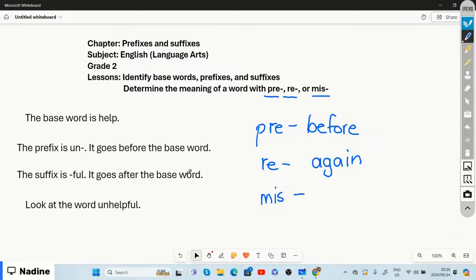And if you look at this word, pre, can you think of a word in the meantime that has the prefix pre in front of it? Can you think of a word that has the prefix pre in front of it?